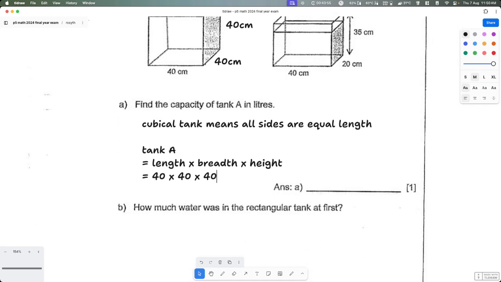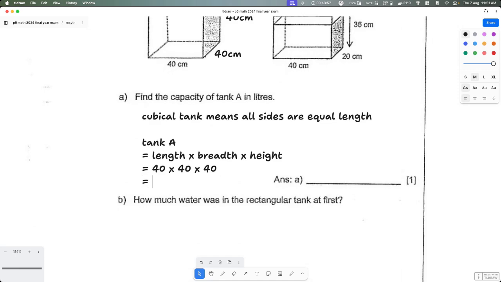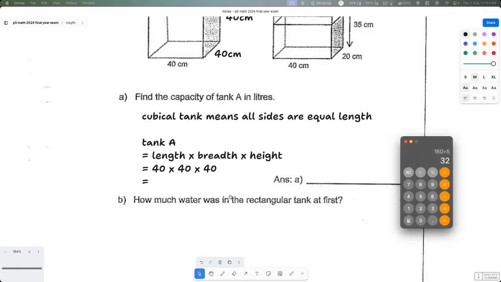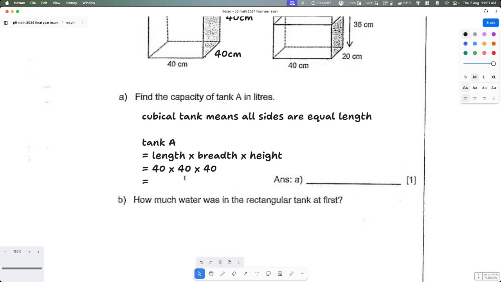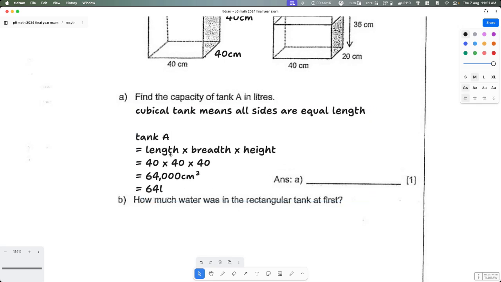This should be 64,000 if I'm not wrong. So 40 multiplied by 40 multiplied by 40, 64,000 centimeter cube. Okay, and that means this will be 64 liters. So let's put it here as 64 liters in this case.